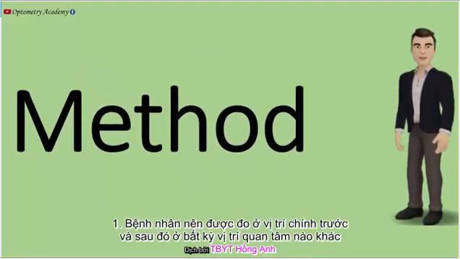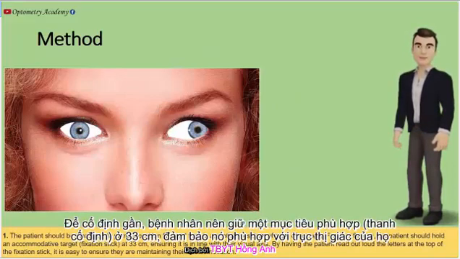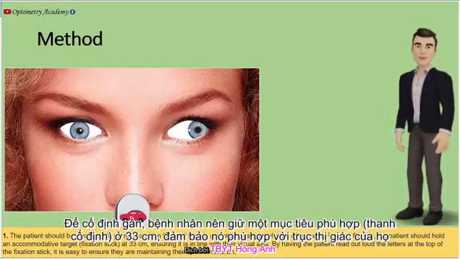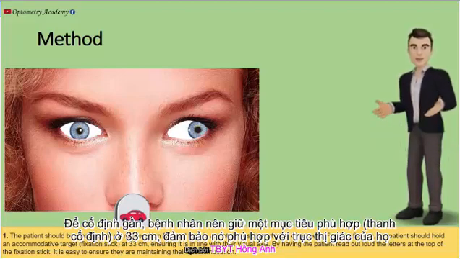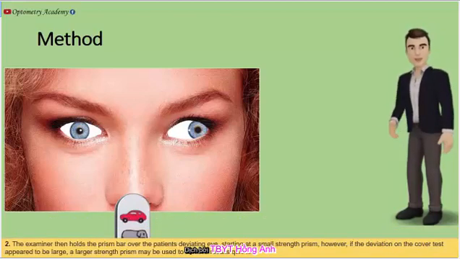Method: the patient should be measured in primary position first and then in any other positions of gaze of concern. For near fixation, the patient should hold an accommodative target at 33 cm, ensuring it is in line with their visual axis. By having the patient read out loud the letters at the top of the fixation stick, it is easy to ensure they are maintaining their accommodation.